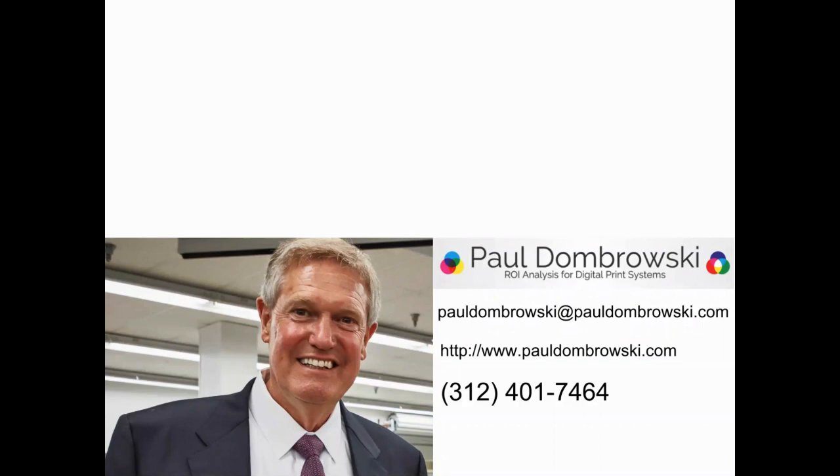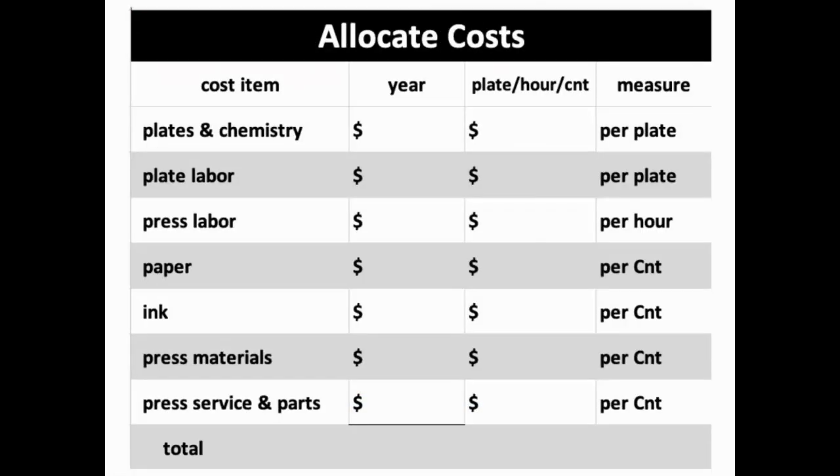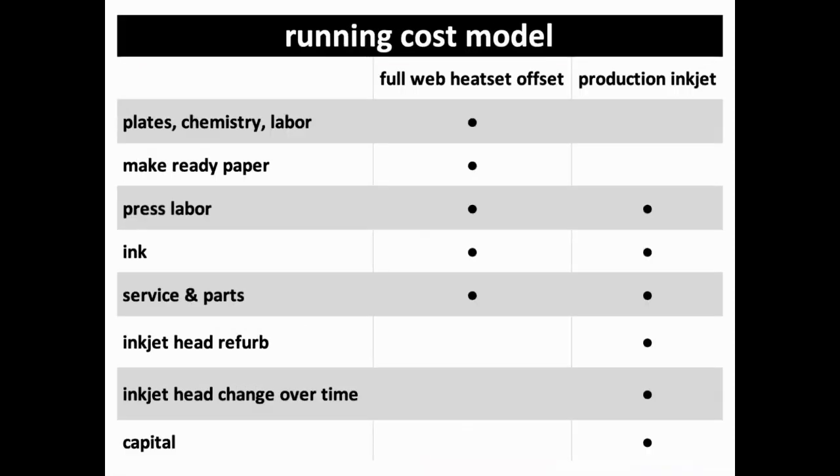So I guess, Paul, my guess is that the question is more along the lines of, in your specific calculations where you put in a cost of an inkjet head, what were your assumptions? Yeah. So that was a running cost model. Inkjet head refurb. Okay, so the last item is inkjet head change over time.